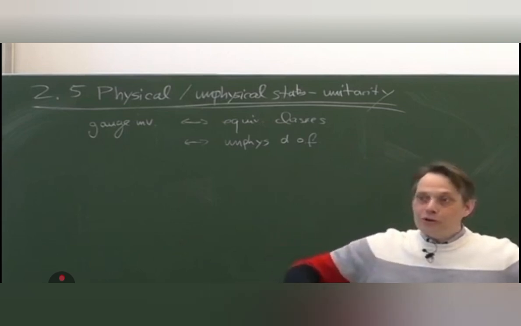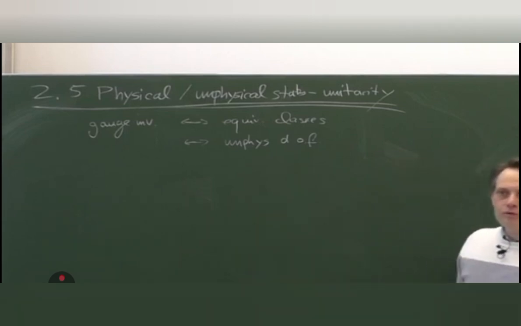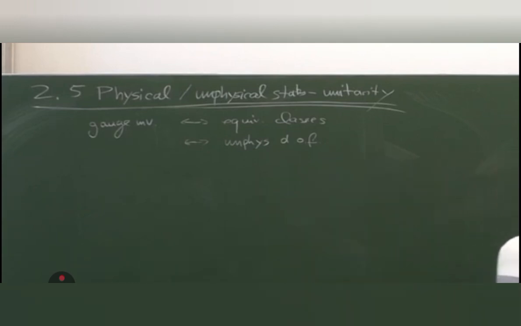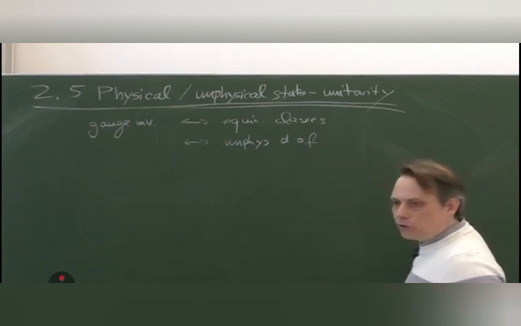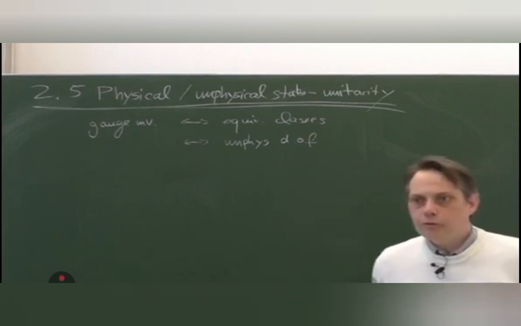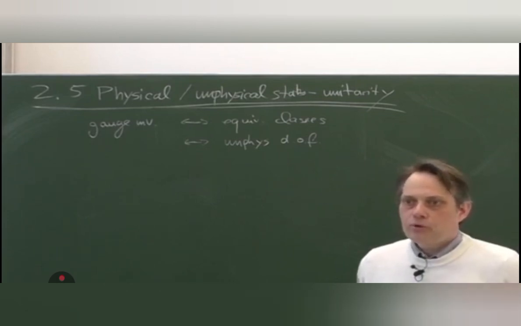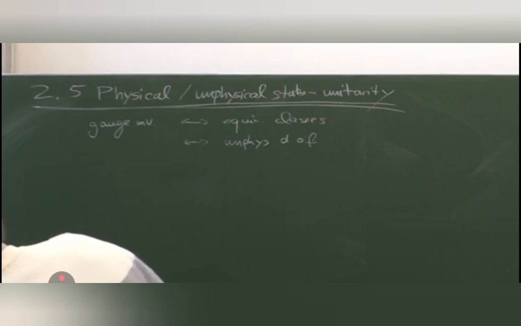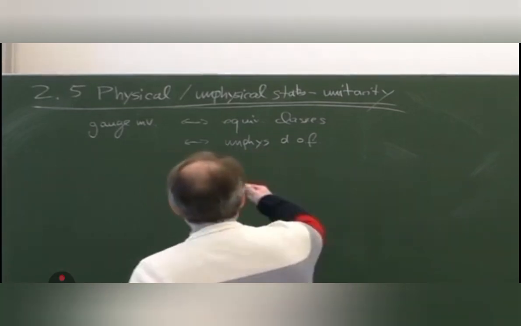Therefore, different field configurations describe the same physics, and so you have unphysical degrees of freedom and equivalence classes of configurations which are physically meaningful. And in the quantum theory, it leads to the BRST formalism and the construction of a subspace of physical states and definition of equivalence classes between those physical states.